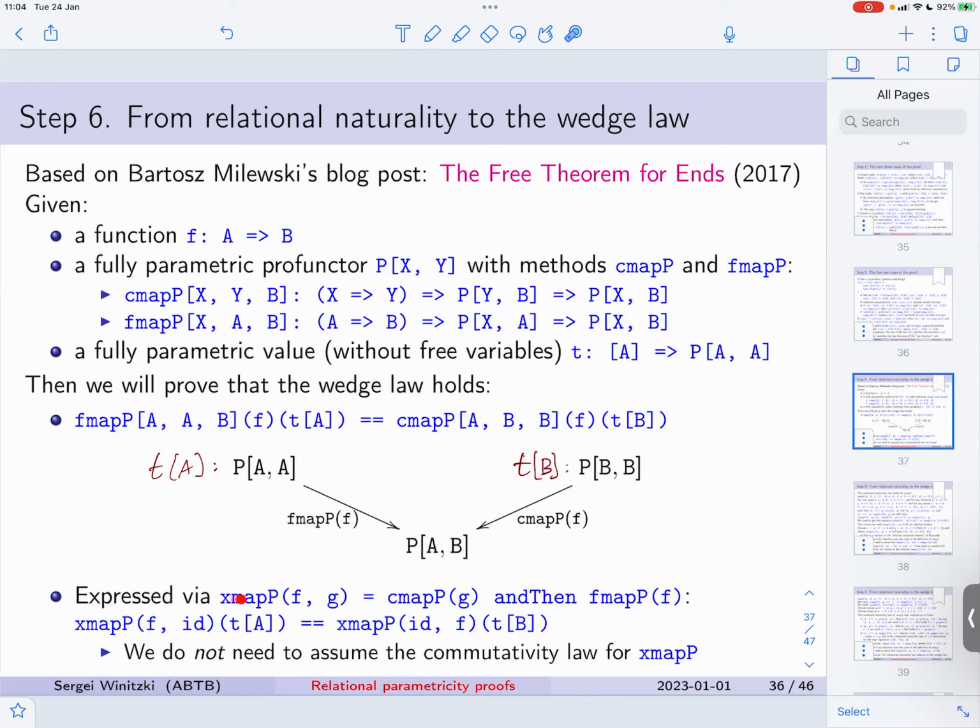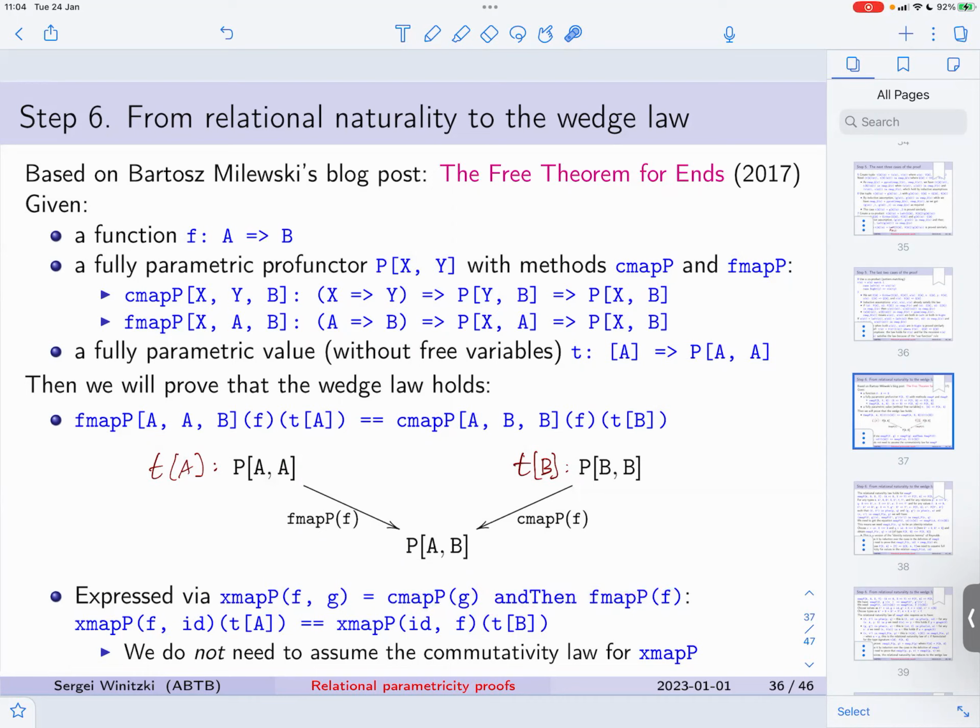So we just define xmap like this. And from the earlier parts of this tutorial, you know that for any profunctor P, we have standard unique code of cmap and fmap, which is fully parametric, which just follows from the type expression of P. And so the composition is also going to be some fully parametric code.